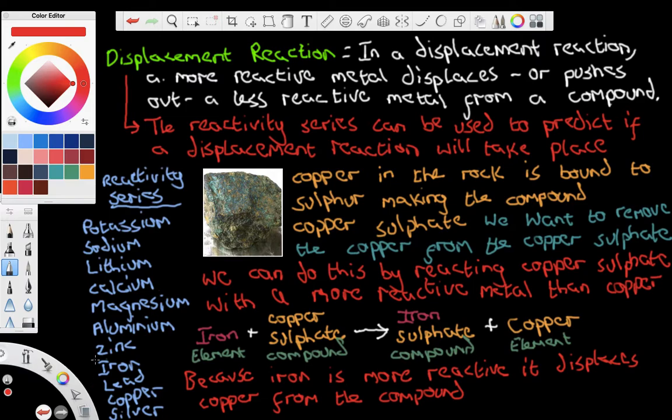You must always use the reactivity series to work out if a reaction will take place.